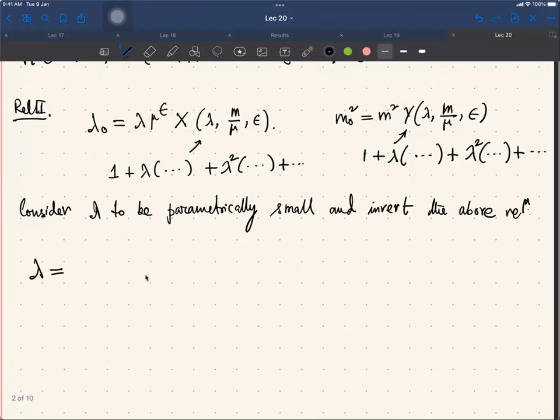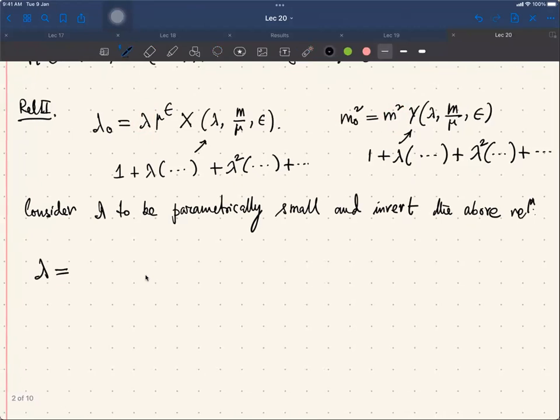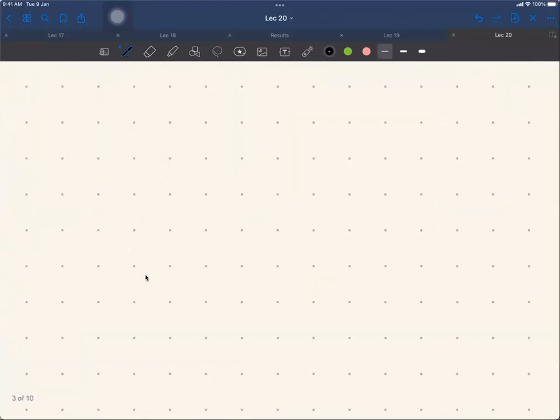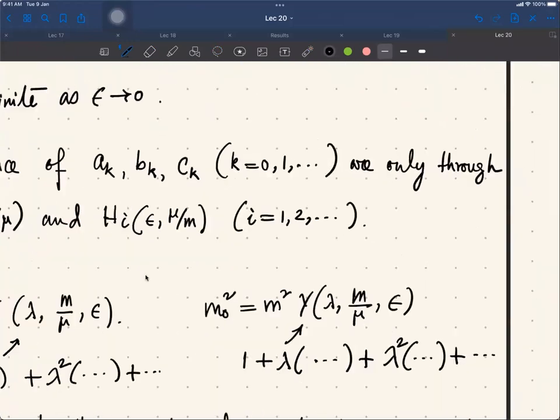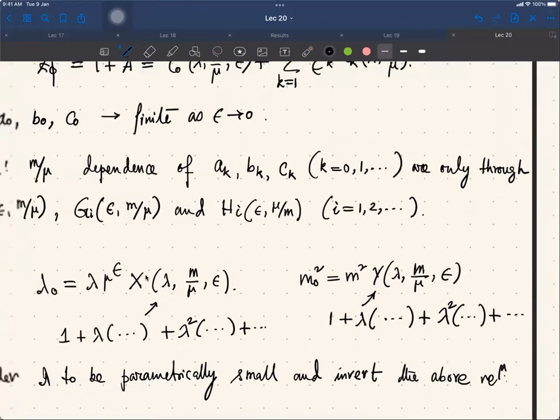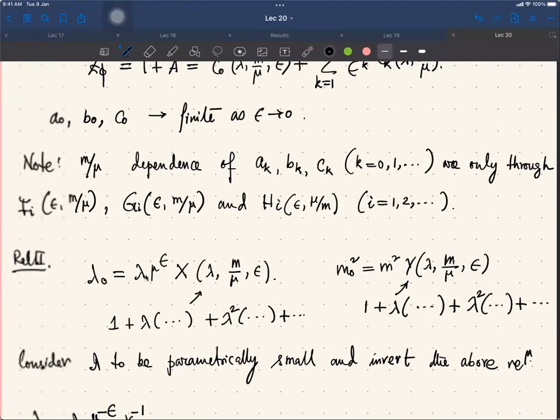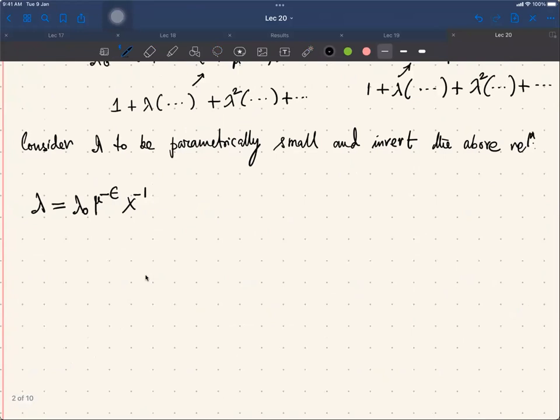Then the expression would look like lambda 0 mu to the power minus epsilon times x inverse, which is the inverse function of x; they depend on lambda 0 m0 over mu epsilon.